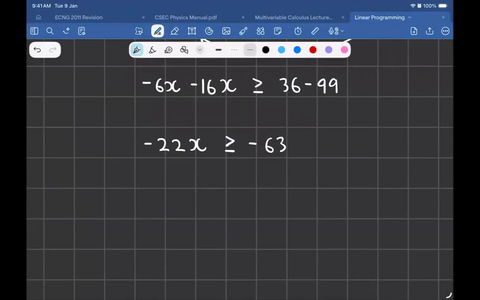You got this. Dividing both sides by negative 22. Exactly. Okay, and what do we know happens when you divide by a negative?